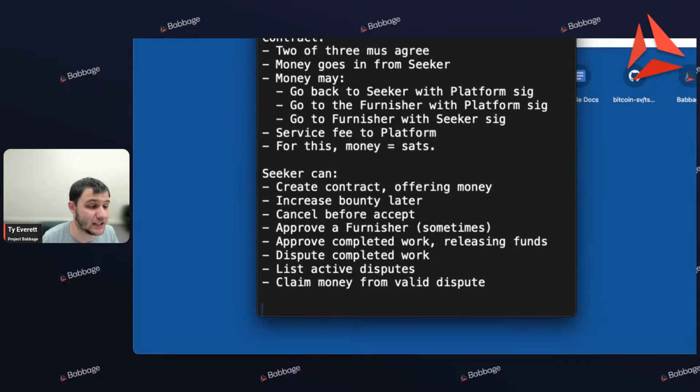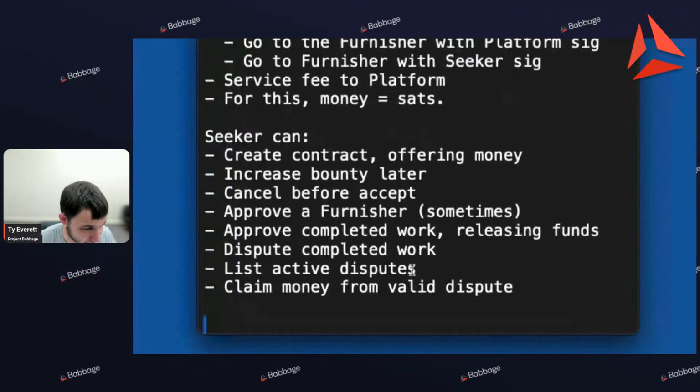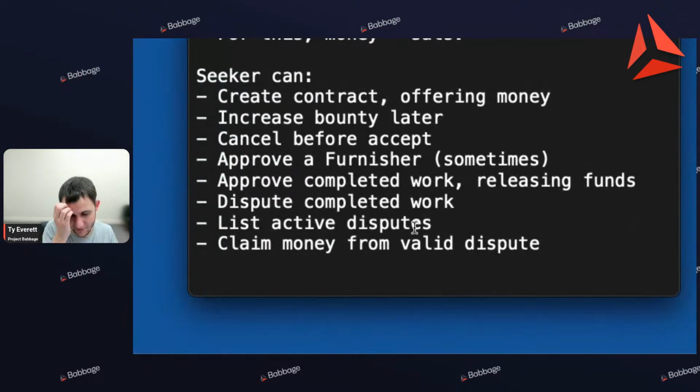Let's go to the furnisher of services first, because I think that's fairly important here to define before we do the platform. It's going to be easier.